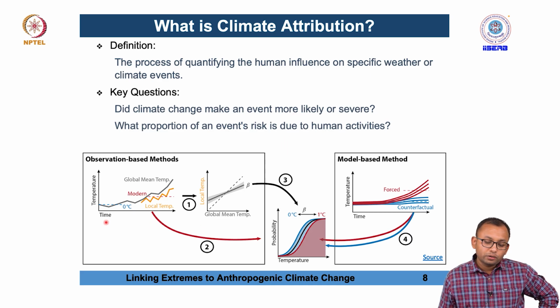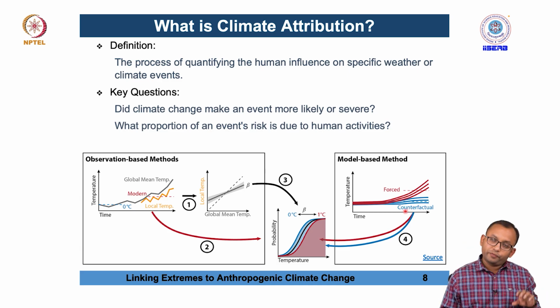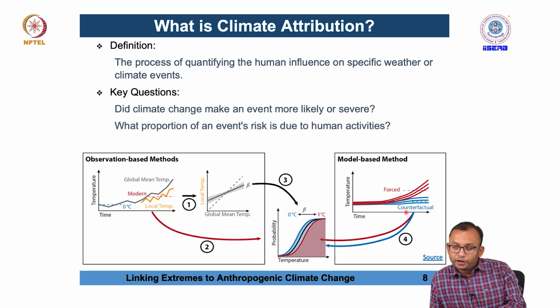So, let us say we have temperature measurements of global temperature and local temperature, we compare these temperatures to see whether there is any significant change, then we try to look at the statistical behavior or model based assessment, and we try to figure out whether it is primarily because of natural variability or human contribution.